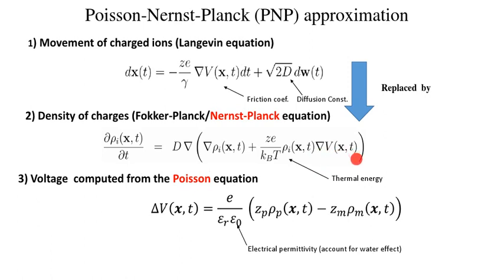So this is called the Nernst-Planck equation, which has to be coupled with the Poisson equation when we have here an ensemble of positive charges and here an ensemble of negative charges. And this epsilon accounts here for the permittivity, which accounts for the effect of water on the ions.